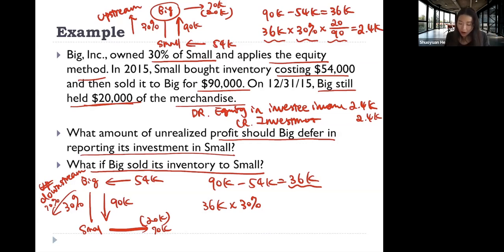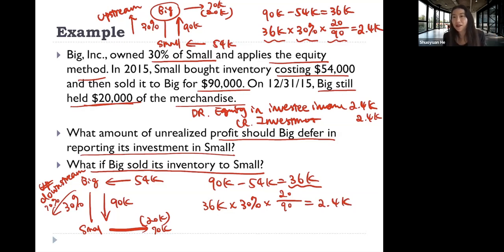At the end of the financial reporting period, Small is able to sell 70 out of 90 of this inventory, and only 20 over 90 remains within Small, which means that only 20 over 90 needs to be deferred of this intra-entity sale. So what we get is 2.4 thousand again.